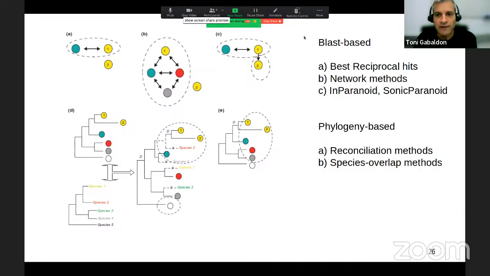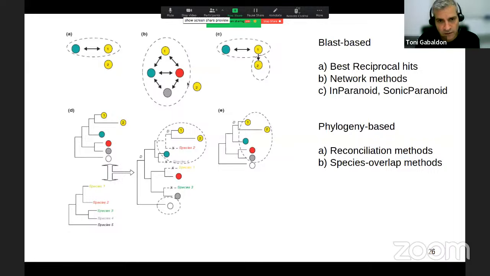To solve this, methods like InParanoid were developed to alleviate this problem, and they combine the bidirectional best hit finding with a BLAST in the same genome and detection of in-paralogs. More sophisticated methods are those that build networks. They do all-against-all comparisons in a set of genomes, and they build a network of similarity relationships.